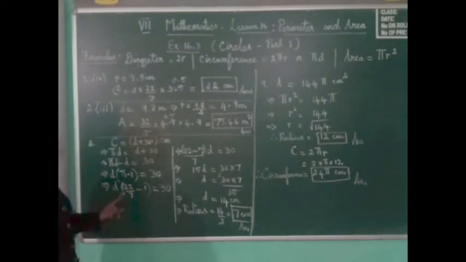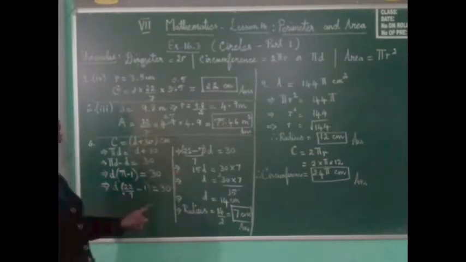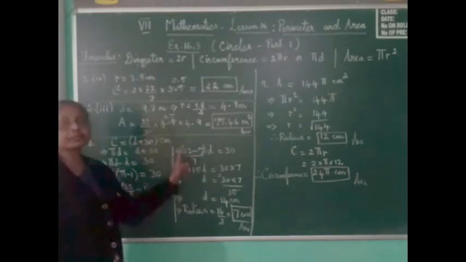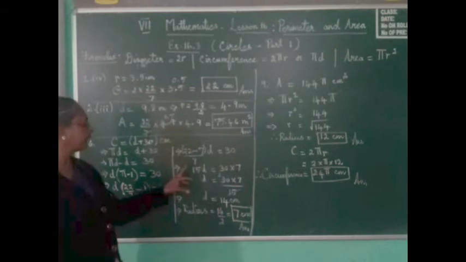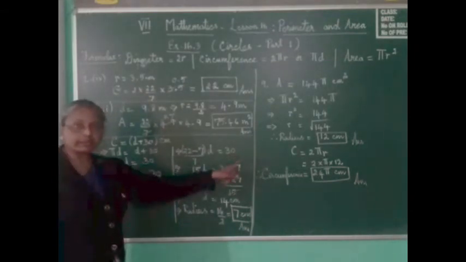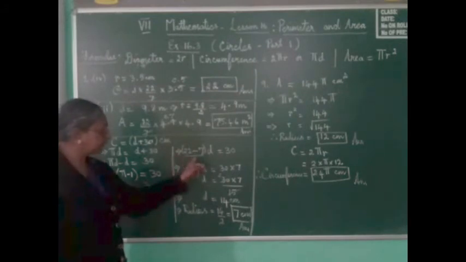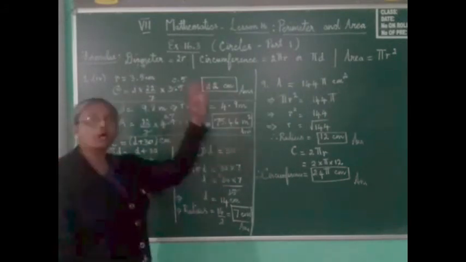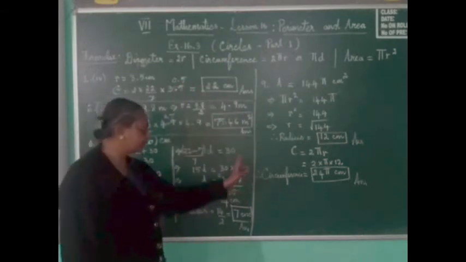When we take the LCM here, we get common denominator 7, and 22 minus 7 by 7 multiplied with d is equal to 30. Then when we subtract here, we get 15d by 7 equal to 30. So 15d is equal to 30 into 7.